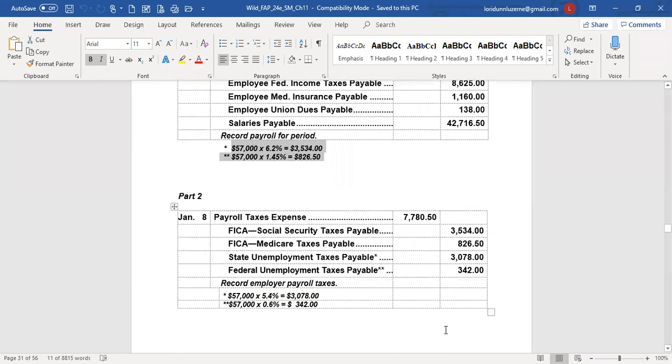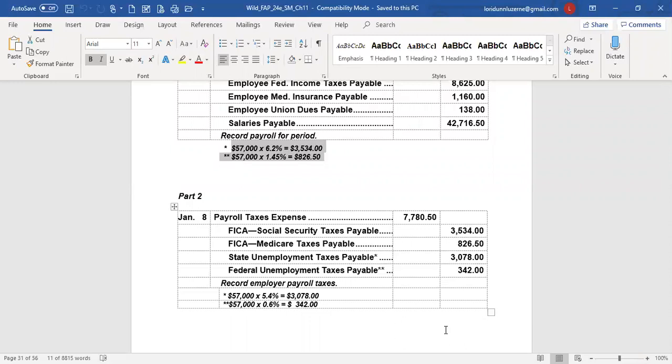The second part of the problem wants us to prepare the journal entry to record the employer payroll taxes. Remember, these are separate additional items the employer has to pay because they have employees. Remember, they match what the employee pays for Social Security tax and Medicare. So whatever an employee pays out of their paycheck, the employer pays also out of their own pocket.